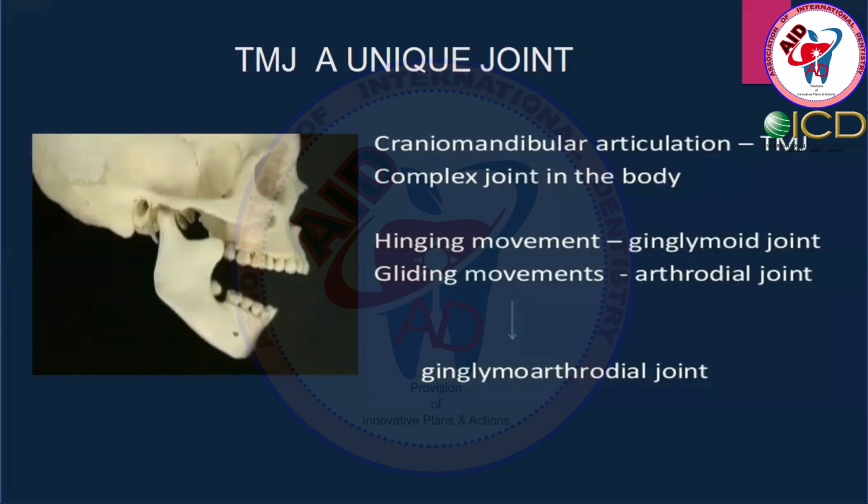The temporomandibular joint is the combination of both movements, that is the ginglymoid as well as arthrodial. So it is called a ginglymoarthrodial joint, and that is basically a complex joint which we are going to study right here.